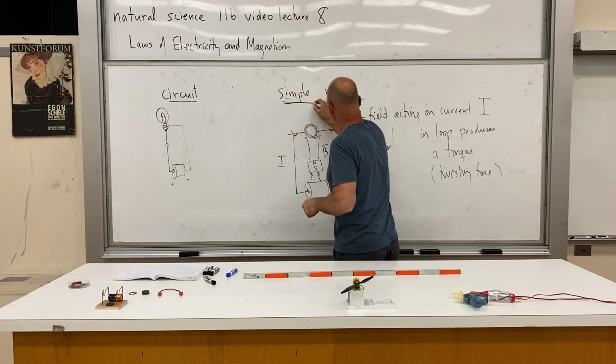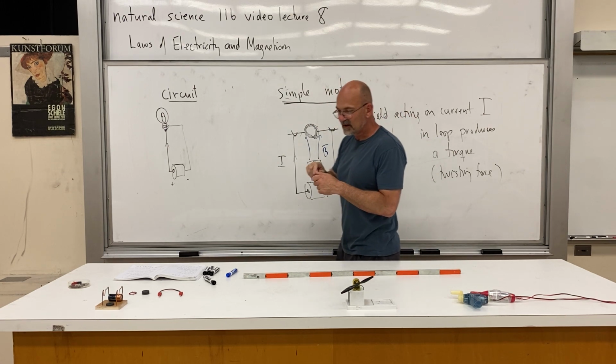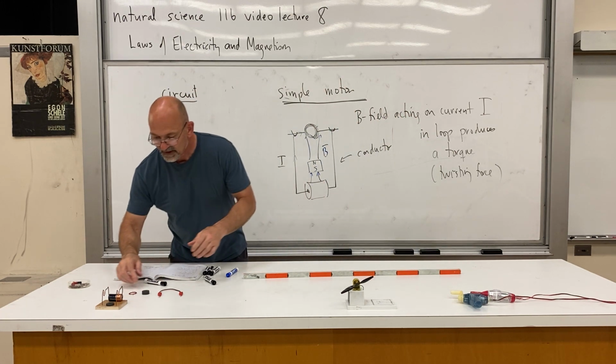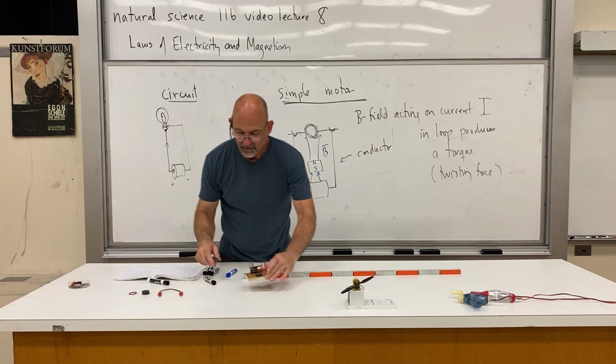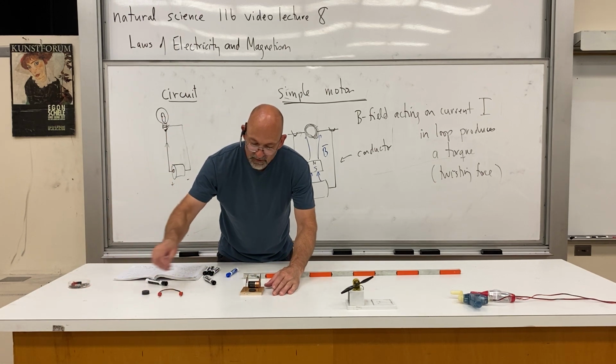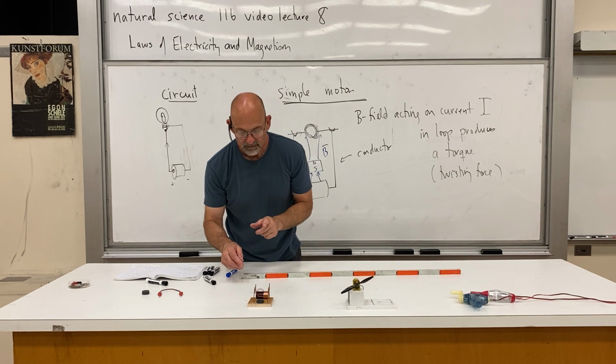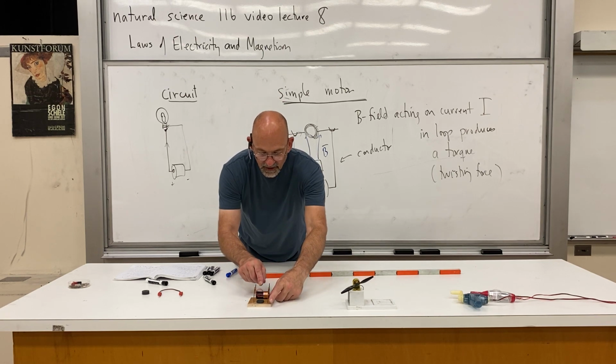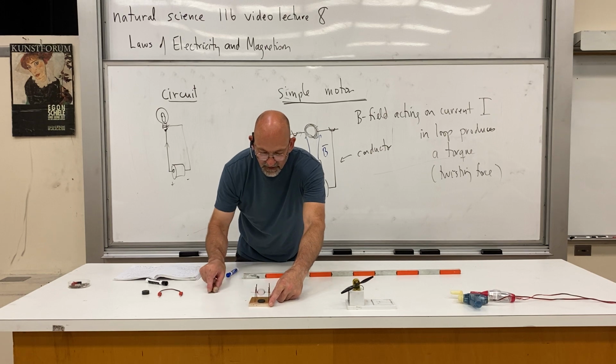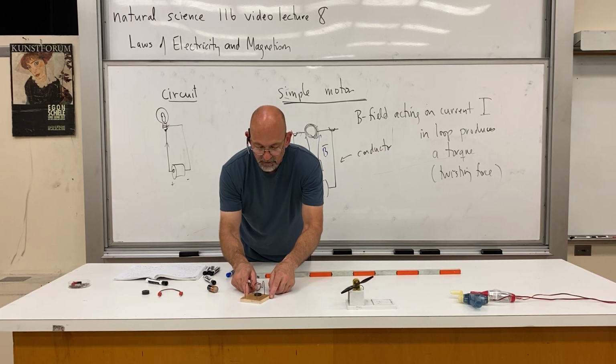Good. Now another point to be made, and I'll just stand here and make it now, is the following. So this was and is a motor. Put this back in here, and there you go, it's spinning. If I take the battery out, I no longer have a motor, of course.